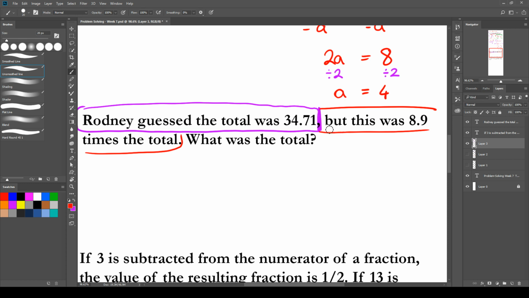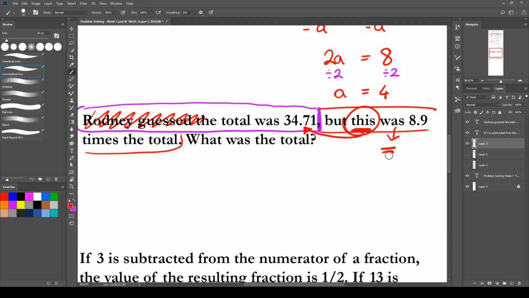So I've got Rodney guessed, which I don't really need. So Rodney guessed the total. Total was 34.71, but this, so what's this mean? Well, this means that number. So this usually refers to a previous statement or a previous number that they just mentioned. So it says this was, which can mean equal.